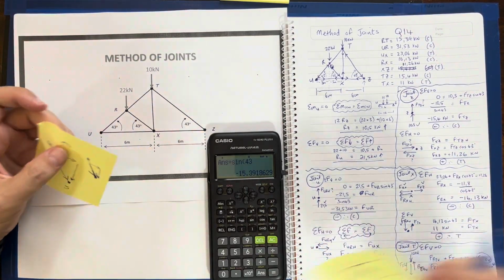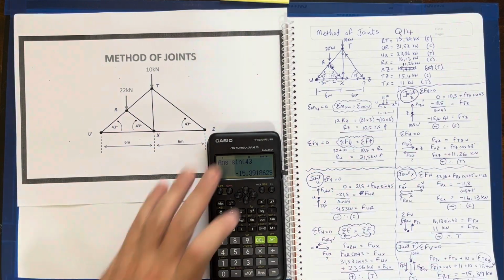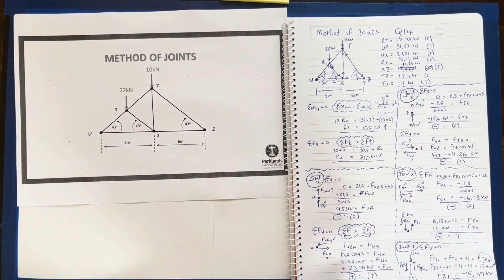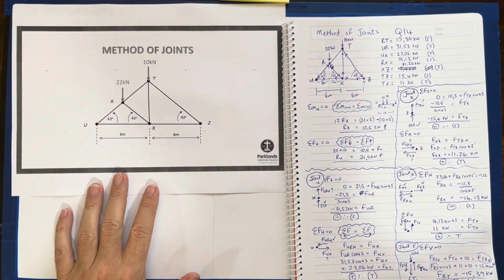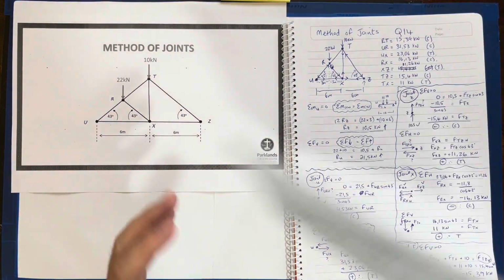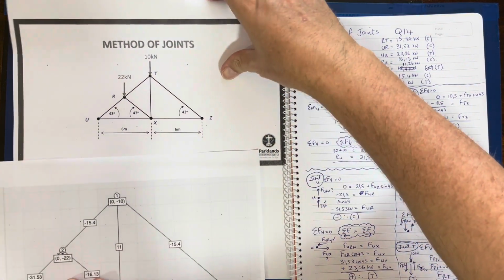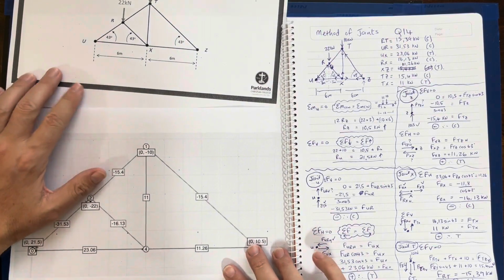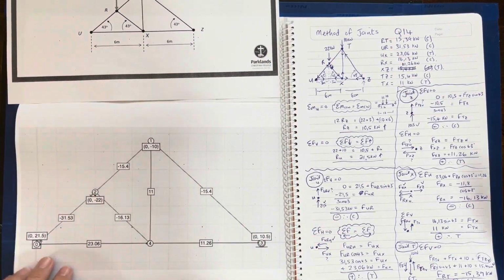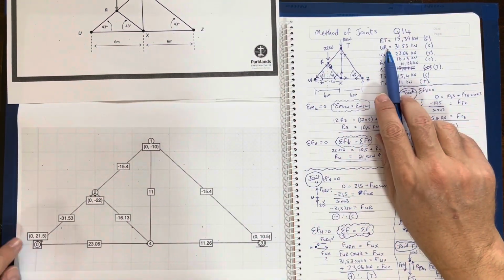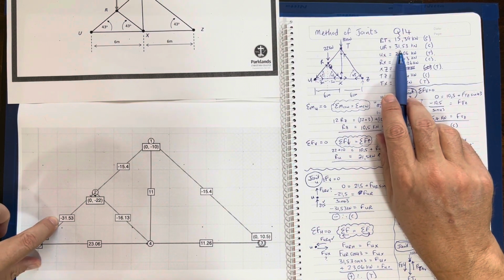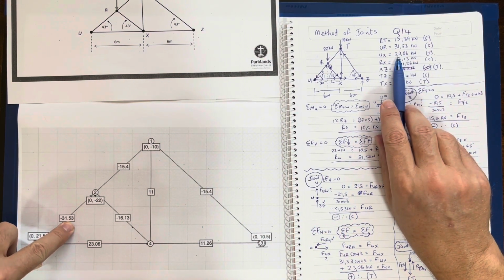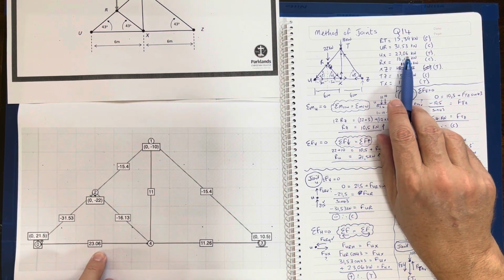And if you do what I do sometimes to verify afterwards, when I've been doing these types of calculations, I go into some truss analyzers, and I'll verify what my answers are. We can actually double check them. If you look closely, UR is 31.5 compression. UX is 23.6.